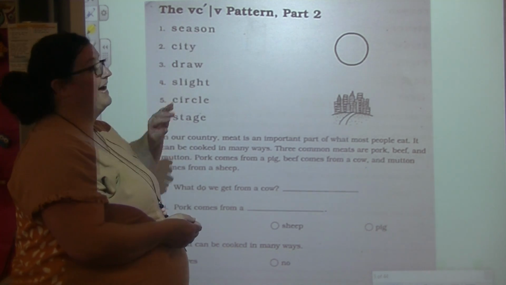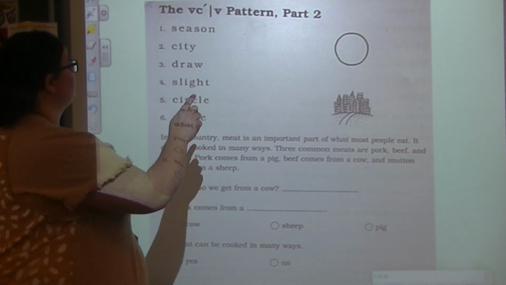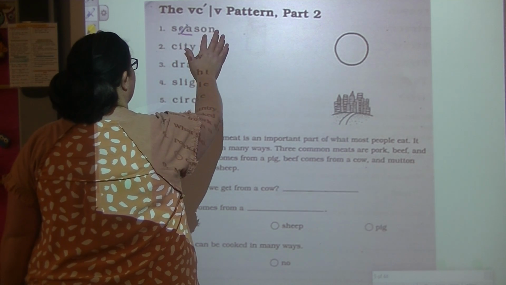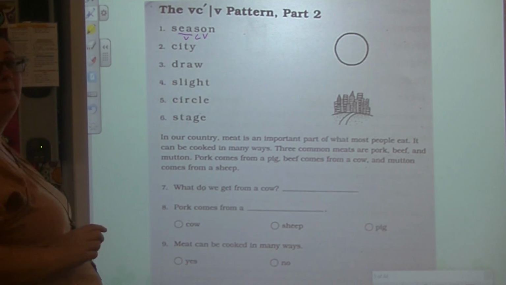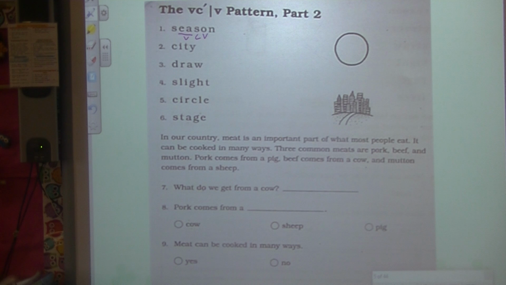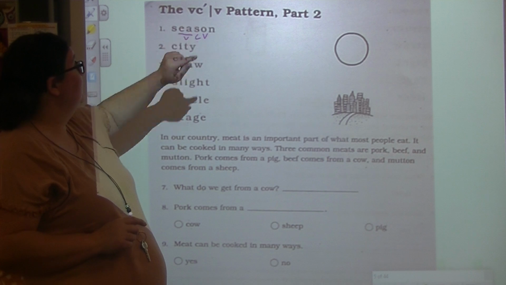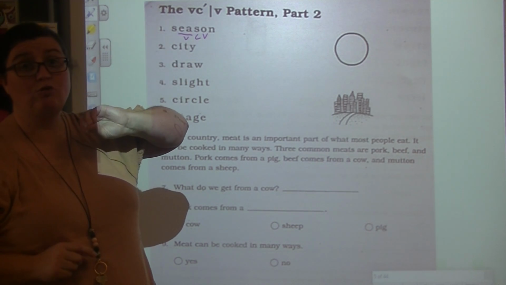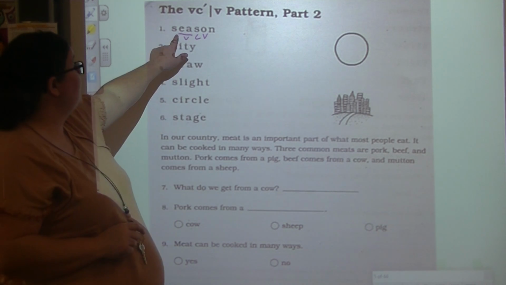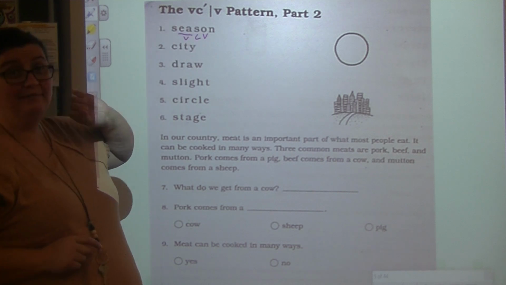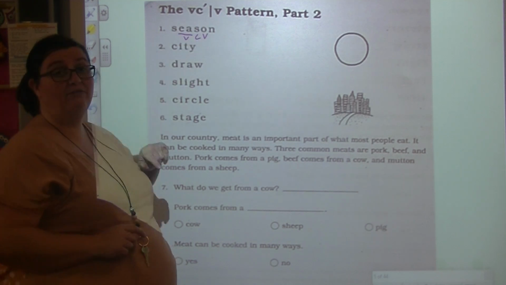There are 3 vowels, but how many sounds? 2 sounds. We see digraph EA. So it's vowel, consonant, vowel. All right, in this word, is that going to make a long or a short sound? EA is going to say E, right? So where do we need to divide? After the vowel or after the consonant?